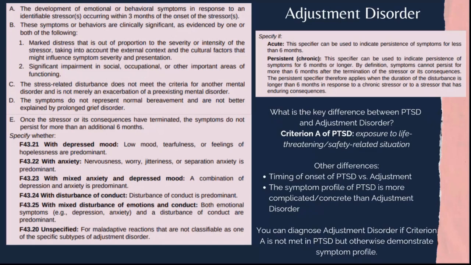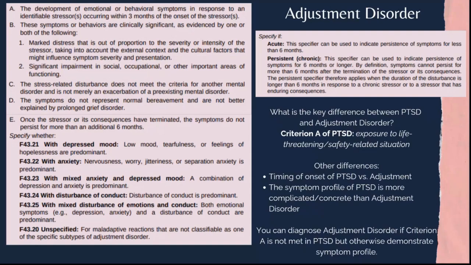We do see that they have to have experienced some sort of stressor, but not at that heightened clinical level. And PTSD is a much more complicated, concrete diagnosis. So many factors go into the demonstration of PTSD that adjustment disorder isn't big enough.